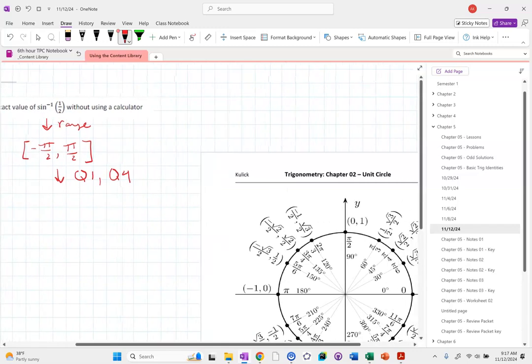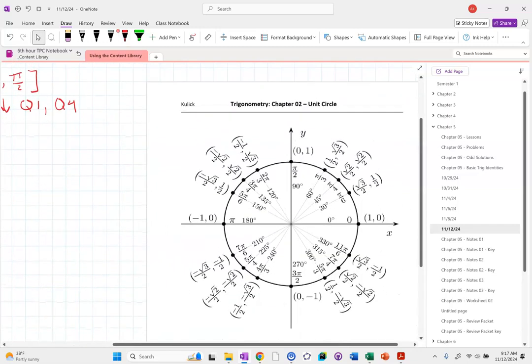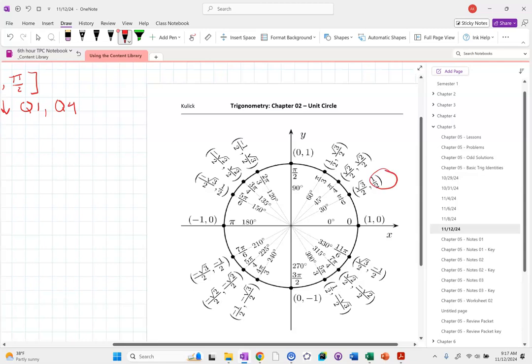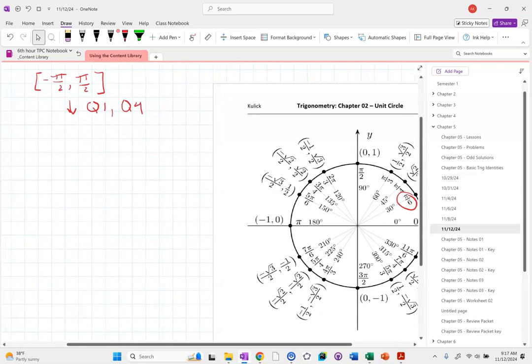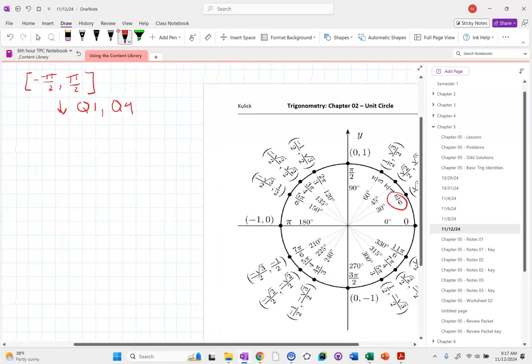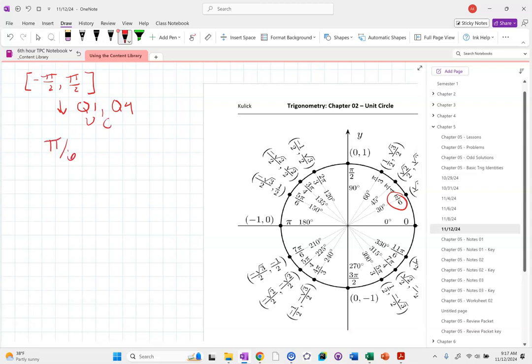So if I go to my unit circle and I look in quadrants 1 and 4, the only place where the y-coordinate is 1/2 is there at pi over 6. So that should be my answer, right? Is everybody okay with that process? You remember doing that? So looking at the unit circle, we get pi over 6.